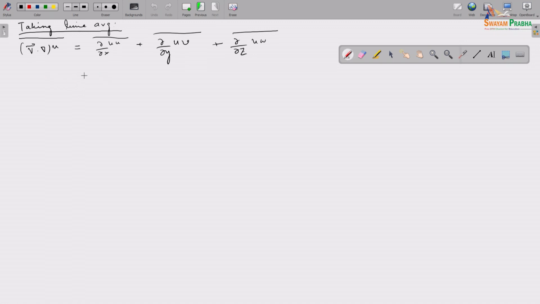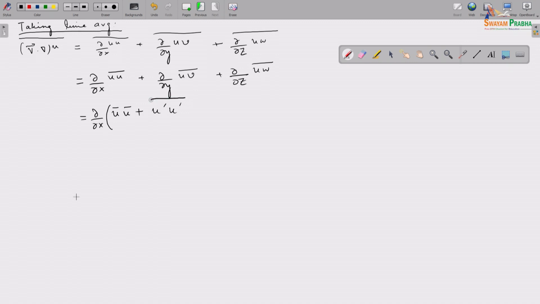So, this is equal to this. This can also be written as, again, this is just the math, and I have this.